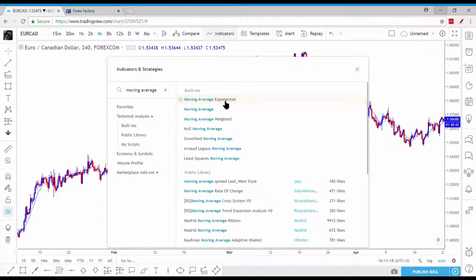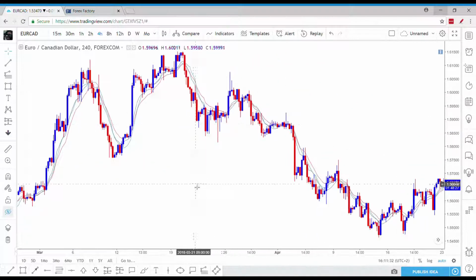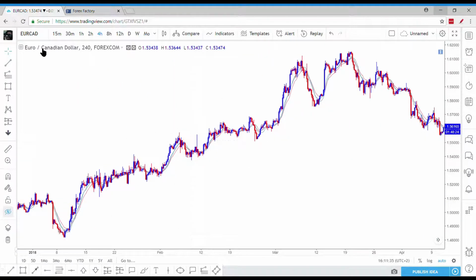The exponential is a normal moving average, but it puts emphasis on the latest prices, so it reacts closer to the price. And this one is smoothed, so it reacts less to the price. So these are the 3 types of moving averages. You can see them here: MA for moving average, exponential moving average, and smoothed moving average.